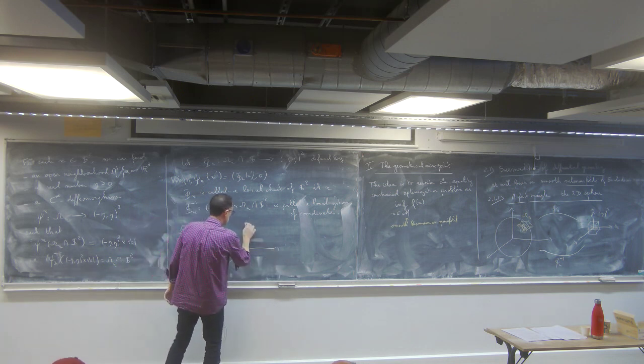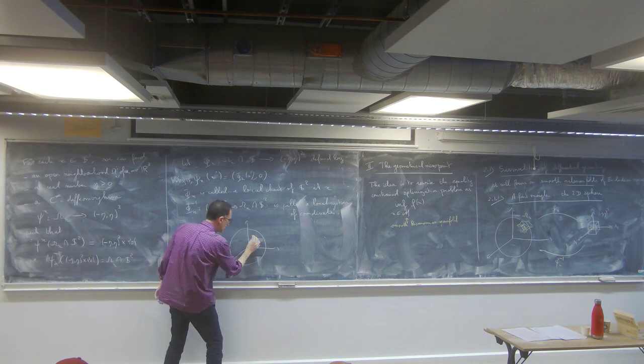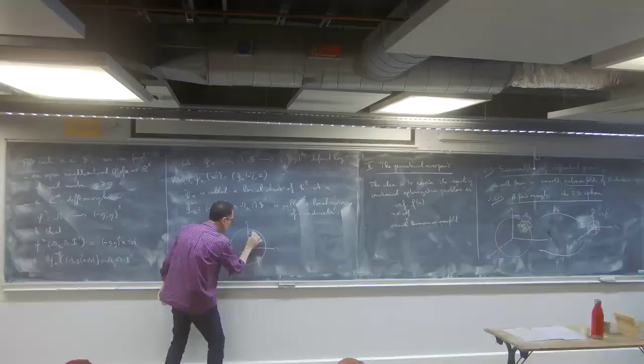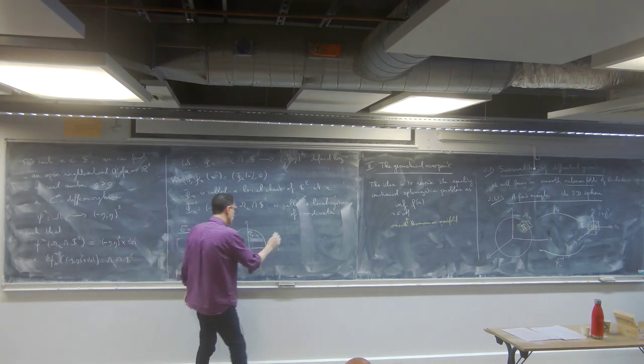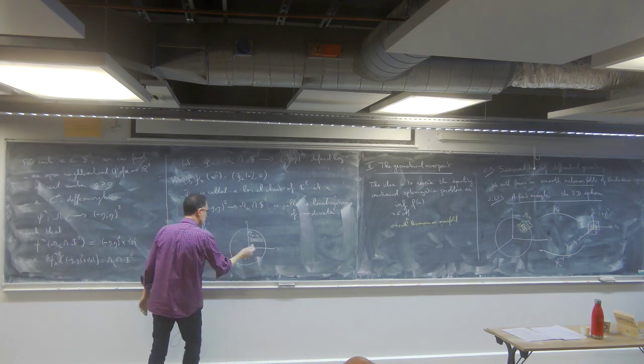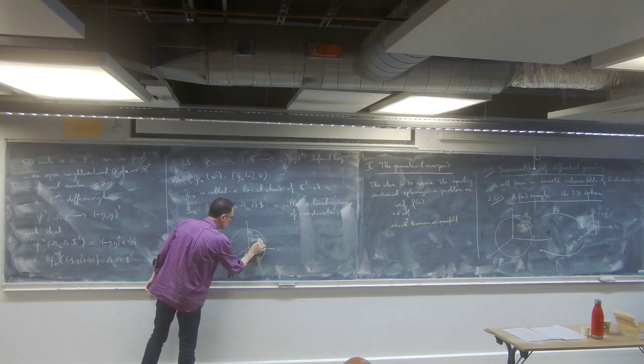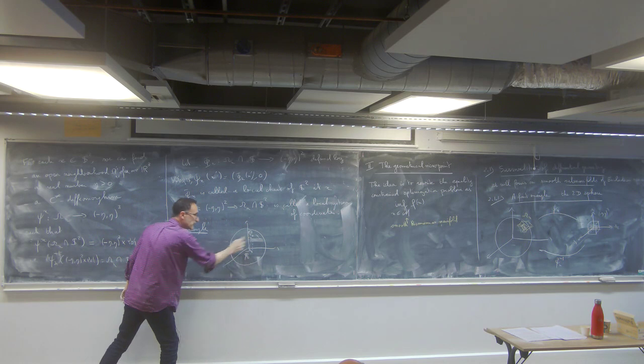I take again my sphere, and I consider one point of the sphere, x, with spherical coordinates theta naught and phi naught. Let me call it x naught, so I'm focusing on the point x naught.